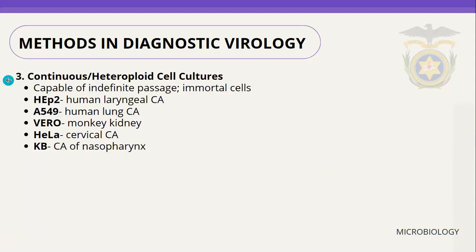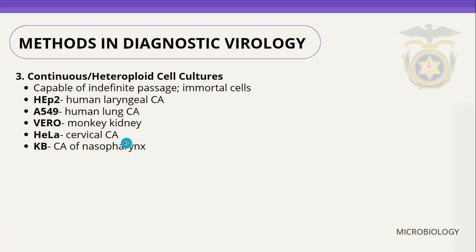And next one, we have our continuous or heteroploid cell cultures. These cell cultures are capable of indefinite passage, or they are immortal cells. So we have here the different cell cultures and where they are derived from. So HEp-2 is derived from human laryngeal carcinoma. A549 is from human lung carcinoma. Vero is from monkey kidney.